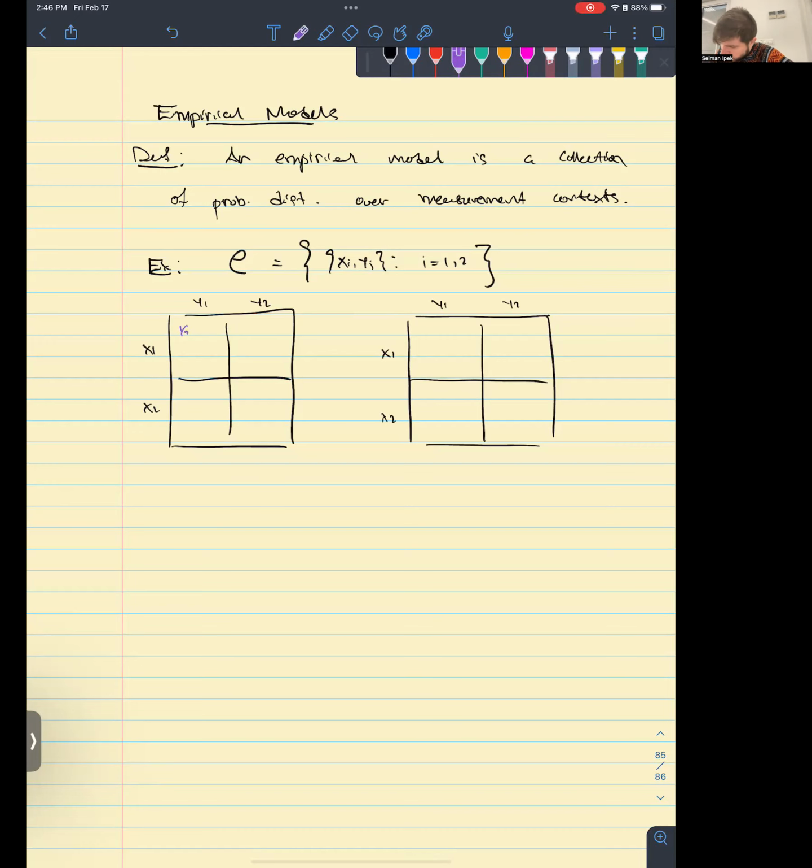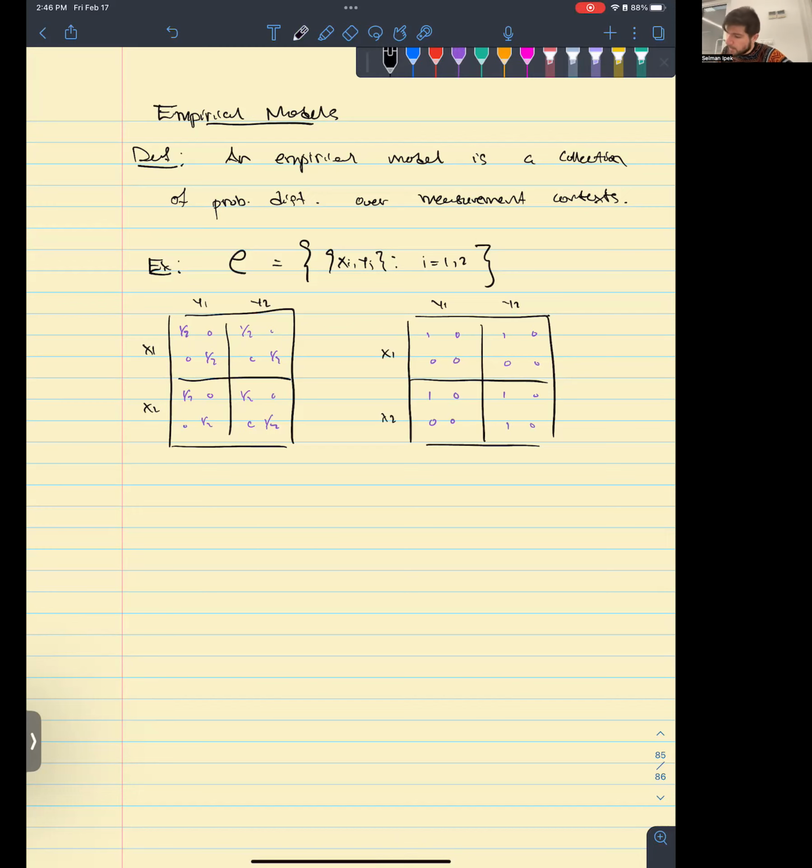One example of this is the PR box that I've talked about before. This PR box can't be written as a convex mixture of distributions like the one I'm writing now, which are called deterministic, because in every box they have just 1s and 0s.